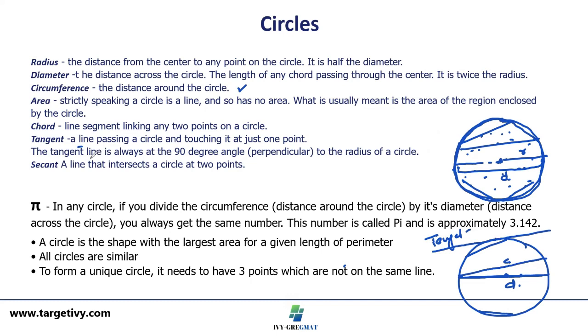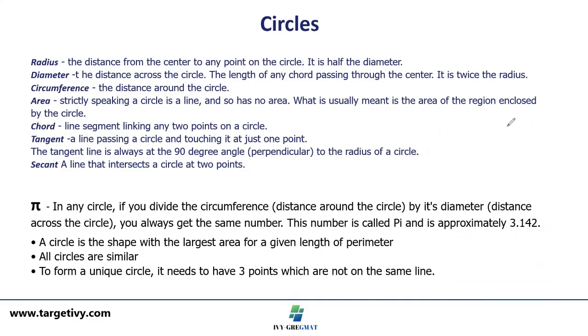The tangent line is always at 90 degrees, or rather perpendicular, to the radius of the circle. So if I draw a tangent here, there's a circle here, and there's a tangent here. Where it touches, it is at 90 degrees with the radius. This is the tangent and this is the radius. So this is 90 degrees.